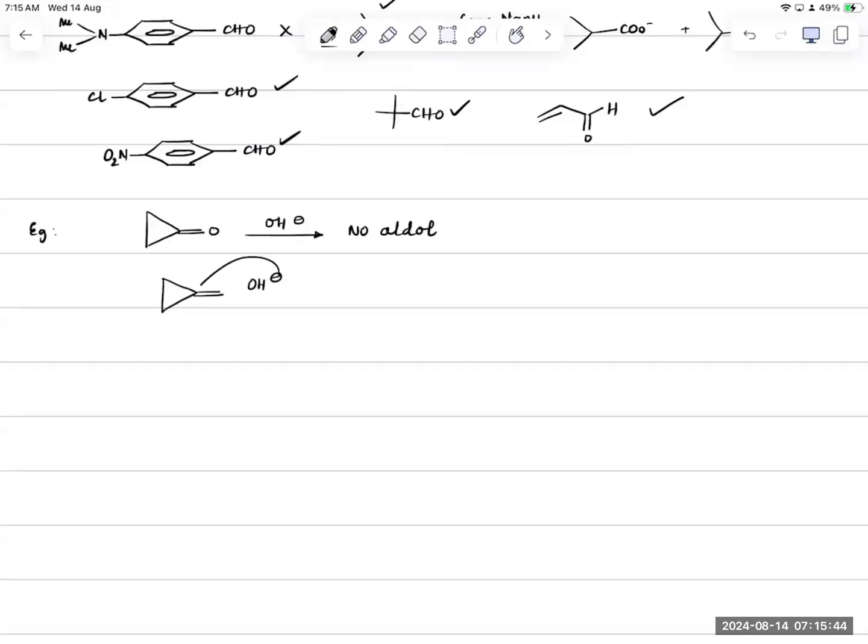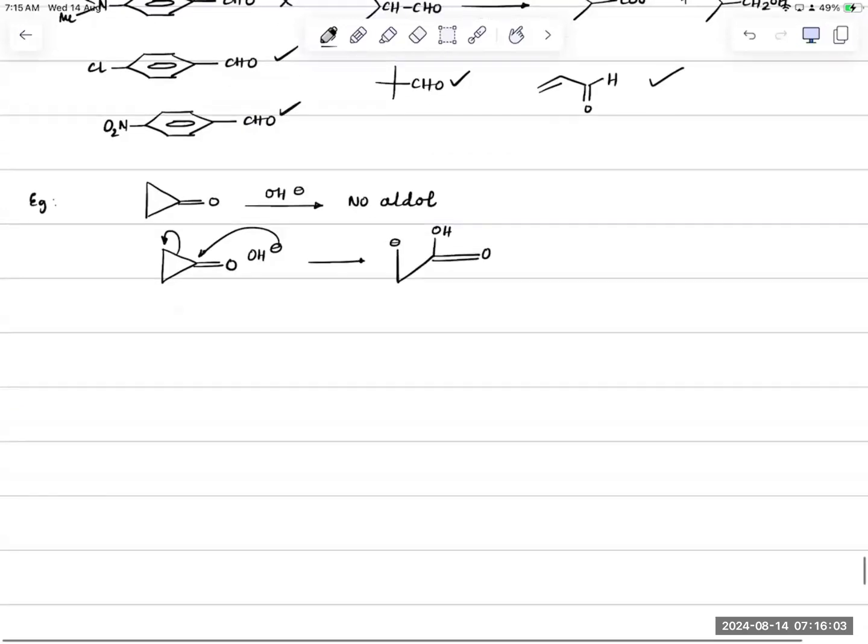Simply this OH minus will attack here to open this ring. So ring opening would be observed. So we will see minus charge coming here and OH attacking here, and this will become double bond O. Okay, this is how the ring opening would take place.